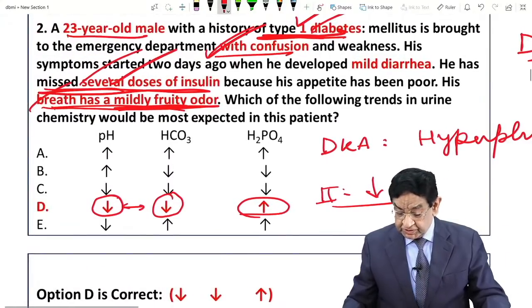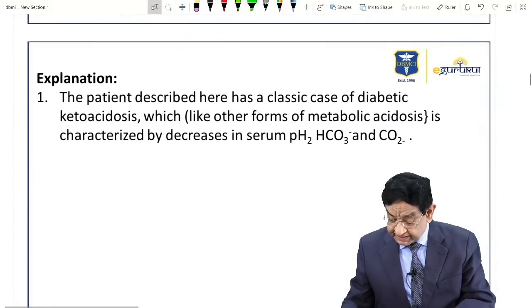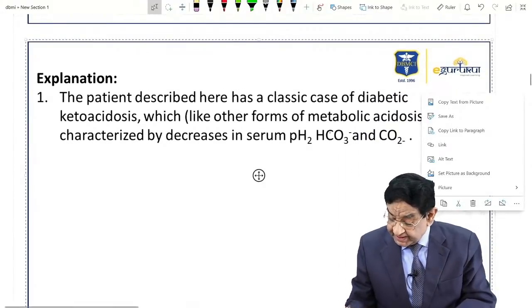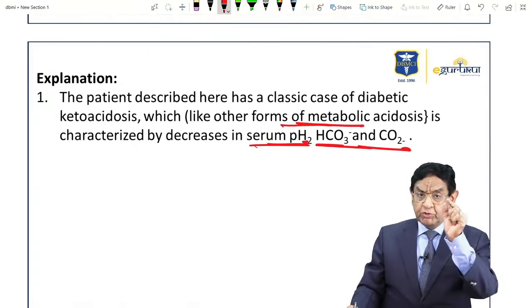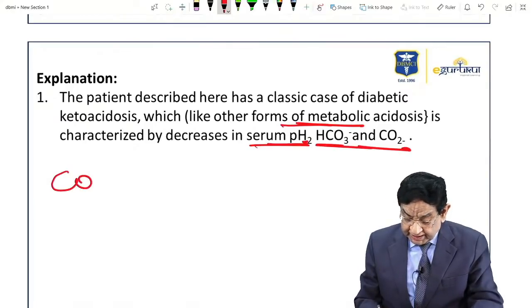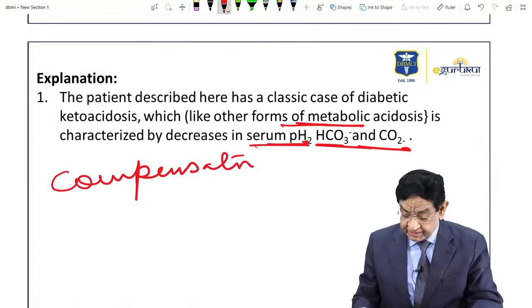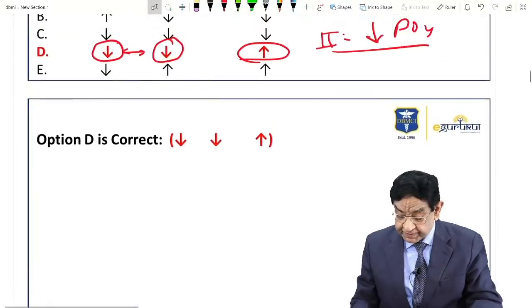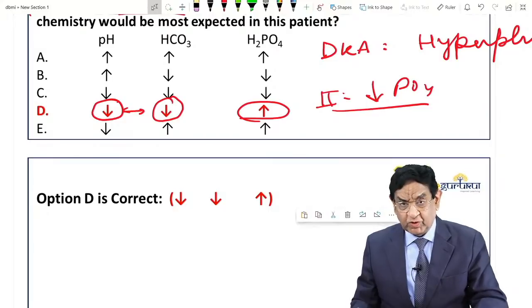So classically in this case, we have DKA, a form of metabolic acidosis, with decreased pH, decreased bicarb, and CO2 will also go down because of compensation.